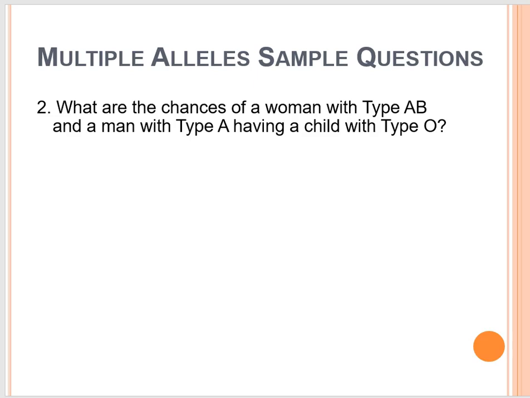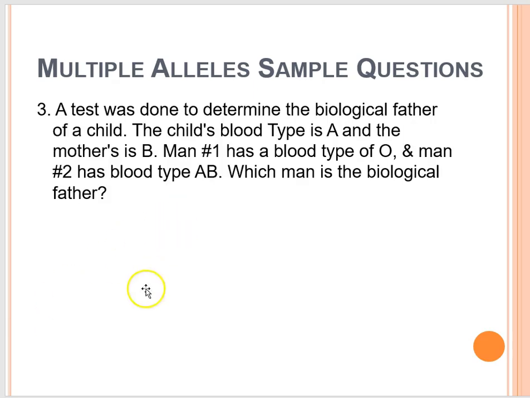Third one. Oh, here we go. Here's how things work in our world. A test was done to determine the biological father of a child. The child's blood type is A. So what are my two possible genotypes for this child?